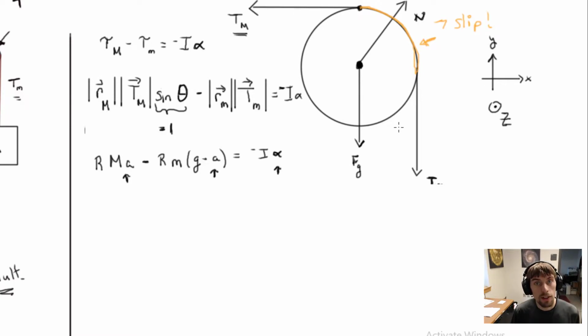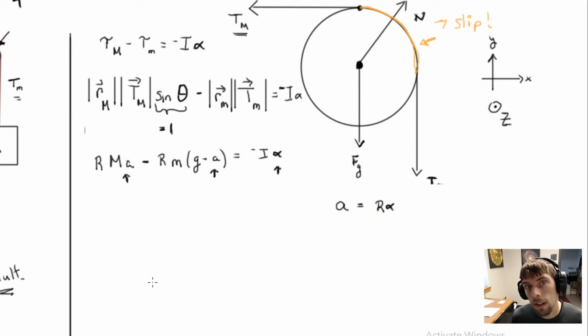Or a different way to say it is, the pulley rolls without slipping over the rope. We have constrained motion. And with constrained motion, there is a relationship between the translational acceleration of, for example, the rope, and the rotational acceleration of the wheel, namely this.